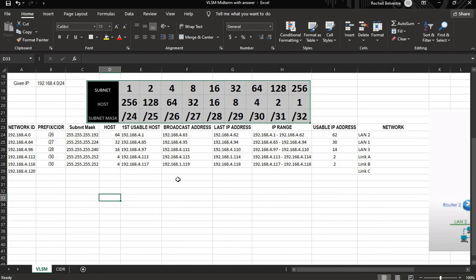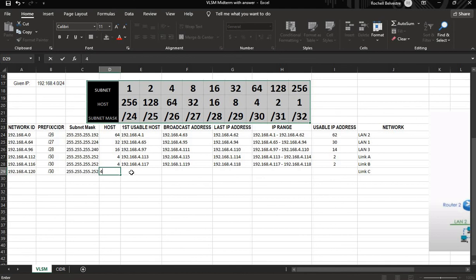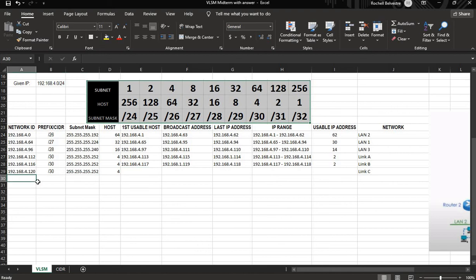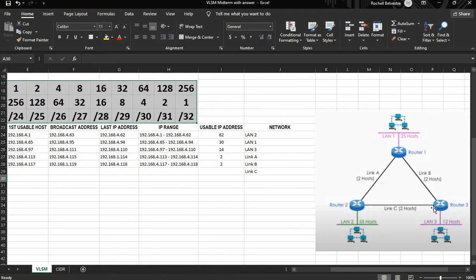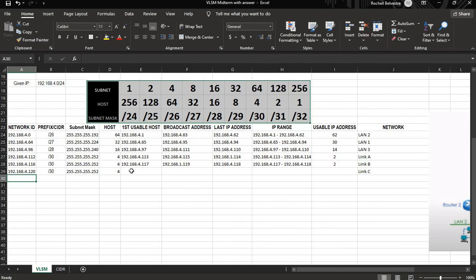Right, the next step is link C, again /30. We got 4 hosts. 120 plus 4 equals 124, but we don't have any network requirement left, so we're going to leave that one.